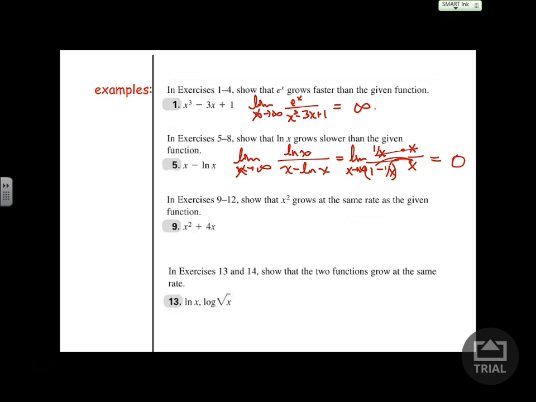Number 9. Show that x squared grows at the same rate. Okay, this one's a little lame. Technically, according to the notes, I'm not going to go all crazy.